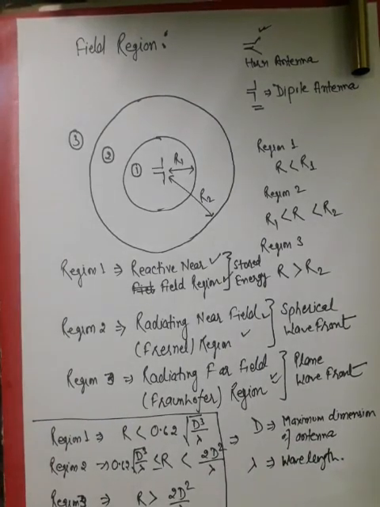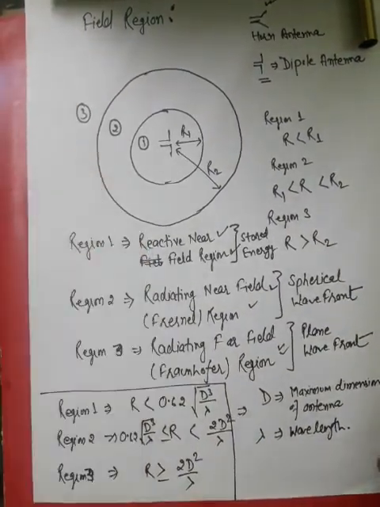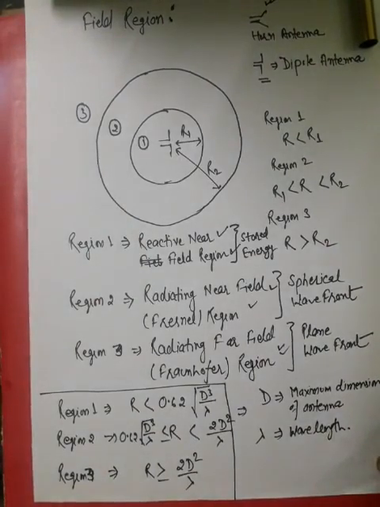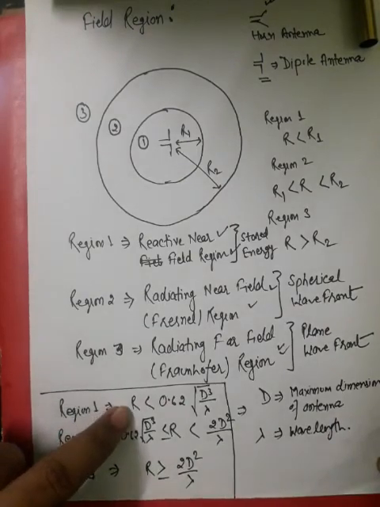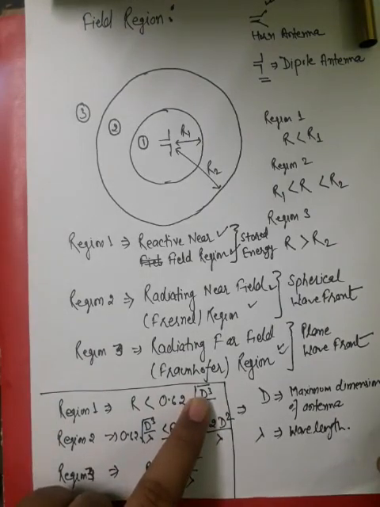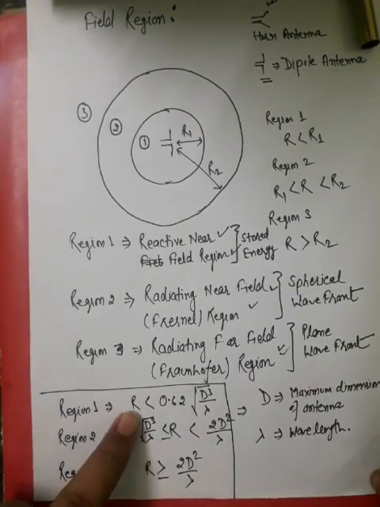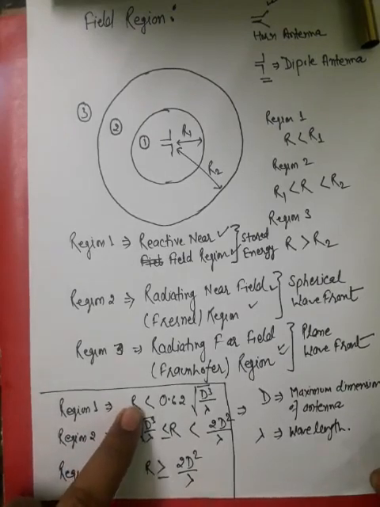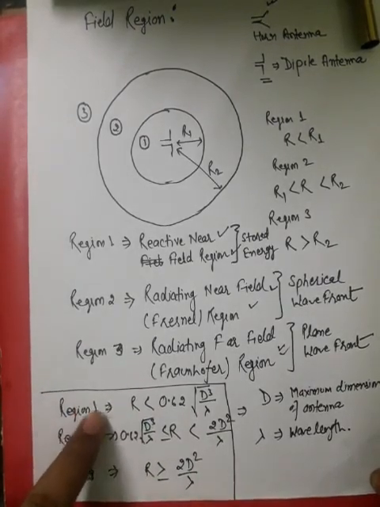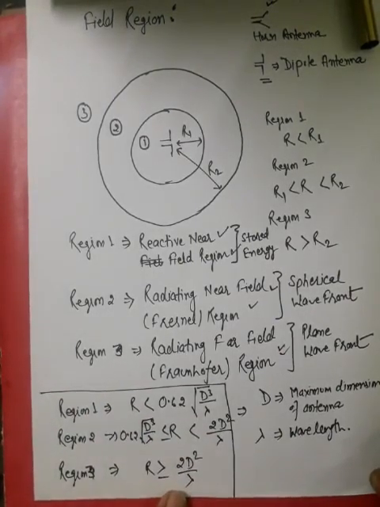If you have to evaluate how we define these regions, r will be a sphere of this dimension. If you know the dimension of the antenna and the wavelength at which it is radiating, you can substitute here and evaluate the value, and this will represent a sphere of radius r, which is region 1. Similarly, you can evaluate region 2 and region 3.